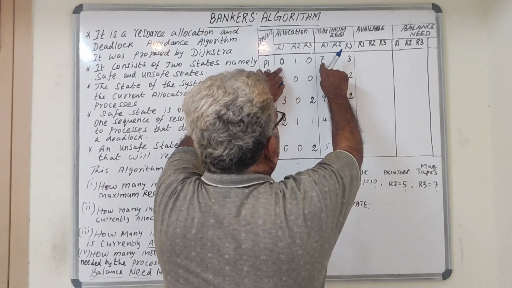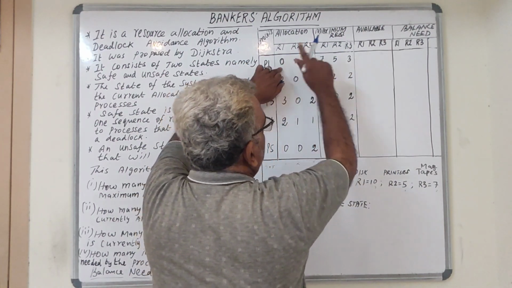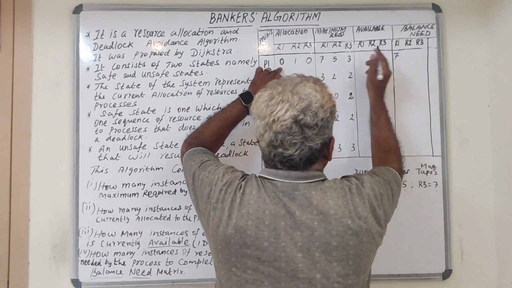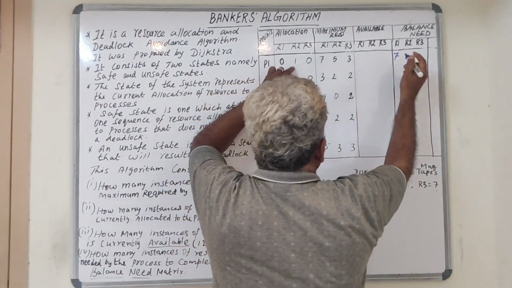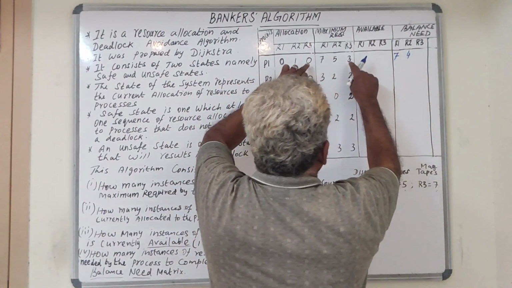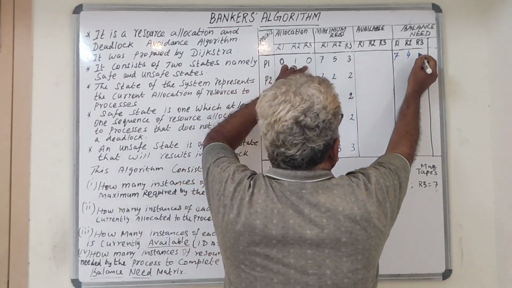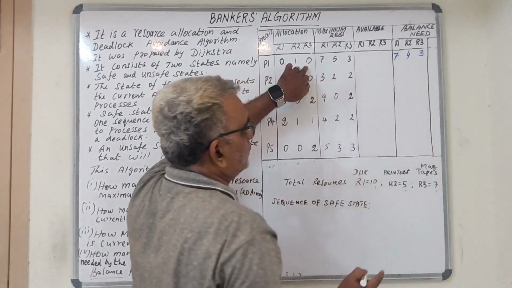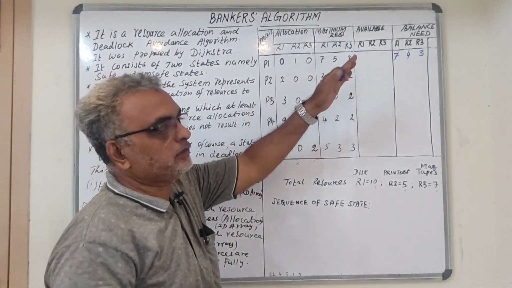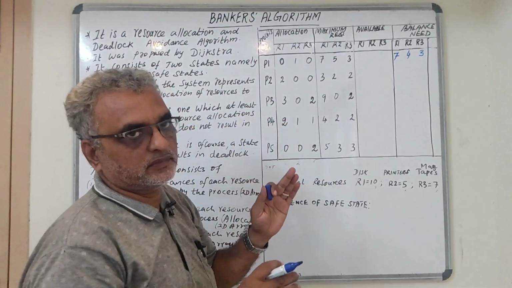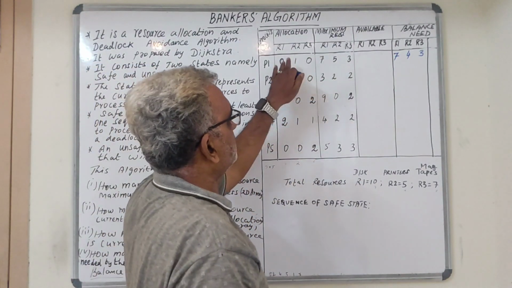So that is 7 minus 0, it is 7. Similarly 5 minus 1, it is 4. 3 minus 0, it is 3. We have to subtract the corresponding resources, resource 1 with resource 1.